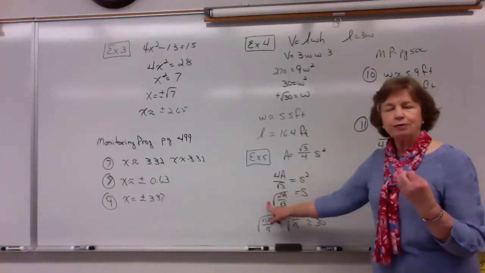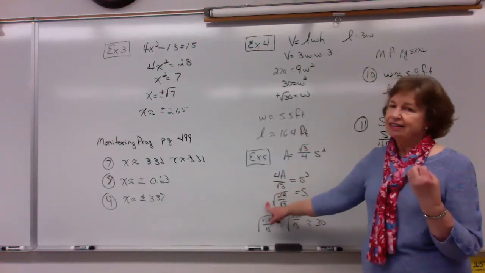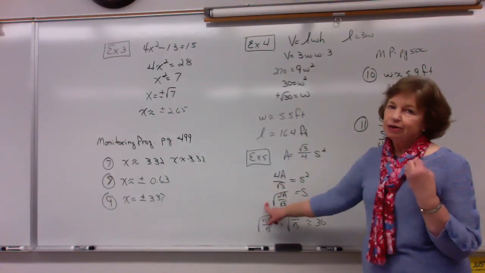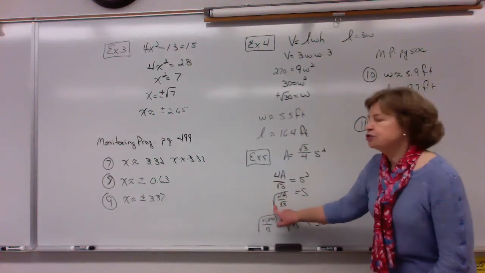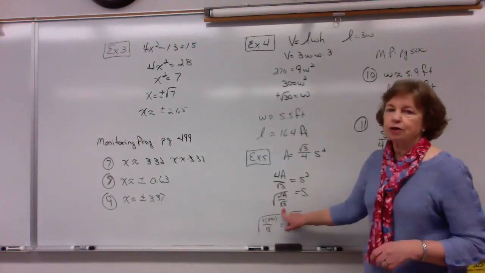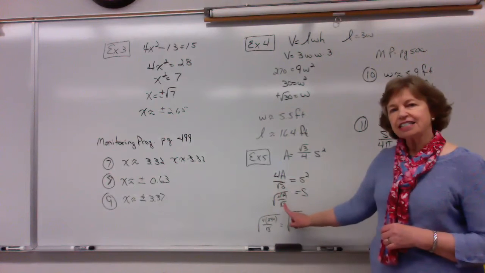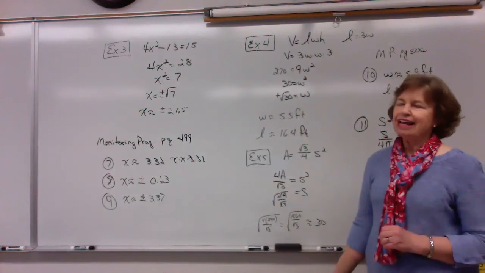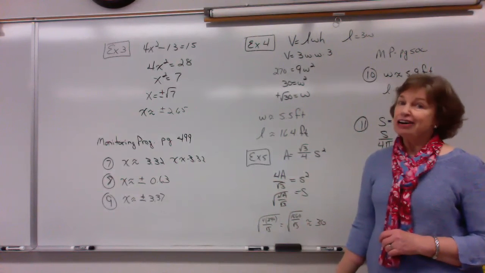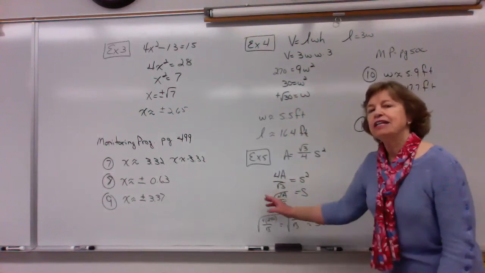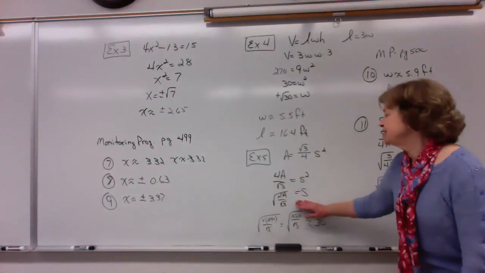Plus or minus, remember, if I'm looking for a side length, I'm not going to use the negative root, so it's the positive square root of 4a divided by the square root of 3. We will learn in Algebra 2 how to simplify this expression, but for now, thank goodness for calculators, we'll let our calculator do it for us. So at this point, we're going to plug in the numbers that we know.